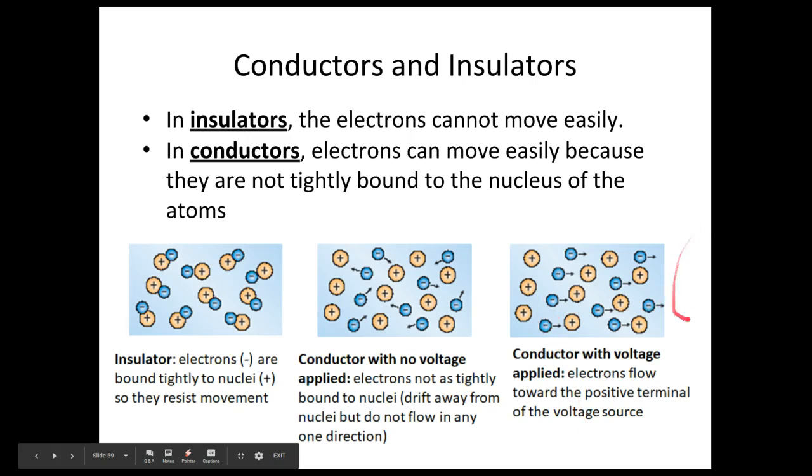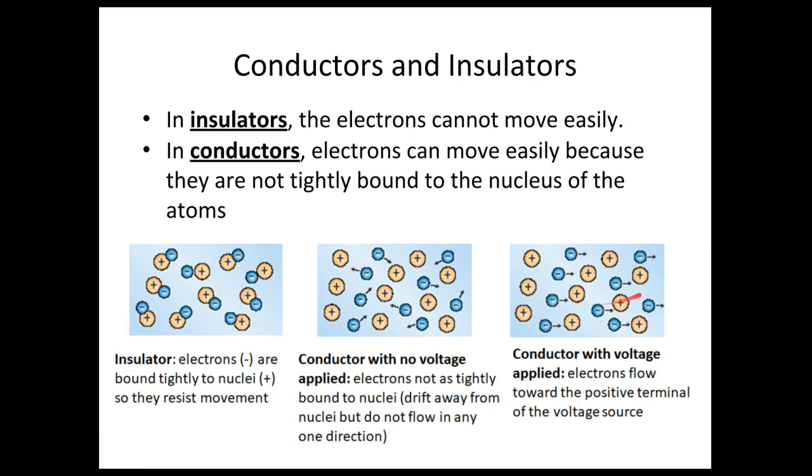So in other words, if the positive terminal is over here, those electrons are attracted towards that positive terminal. So the insulators are what happens when we get the nucleus and the electrons tightly bound. A conductor means that those electrons are a little more free flowing. They're not as attracted to the nuclei, meaning that they can be made to flow towards the positive terminal in a voltage source.